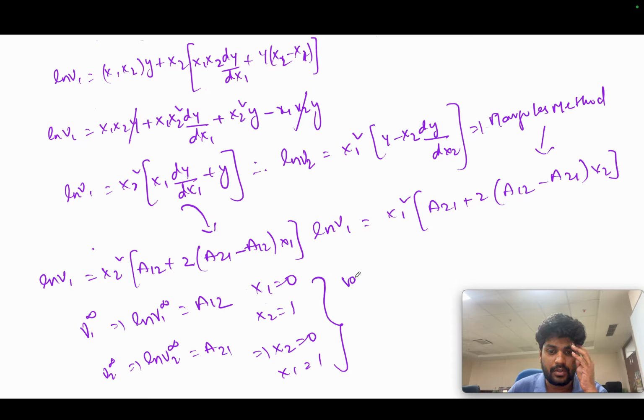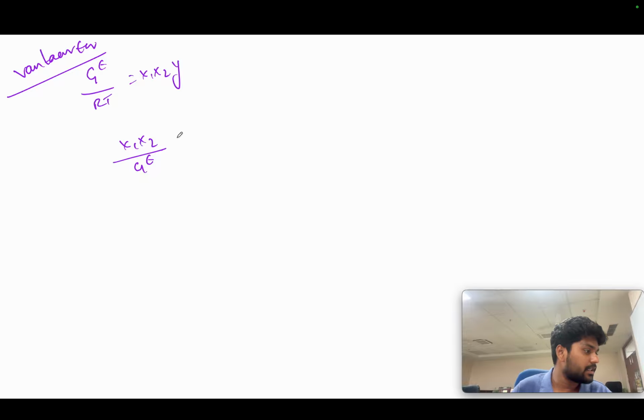Now to discuss more on the Van Laar equation, if you see the Redlich-Kister, the Van Laar equation was carried out like this: GE by RT equals a dash b dash by y, where y is nothing but x1 minus x2.